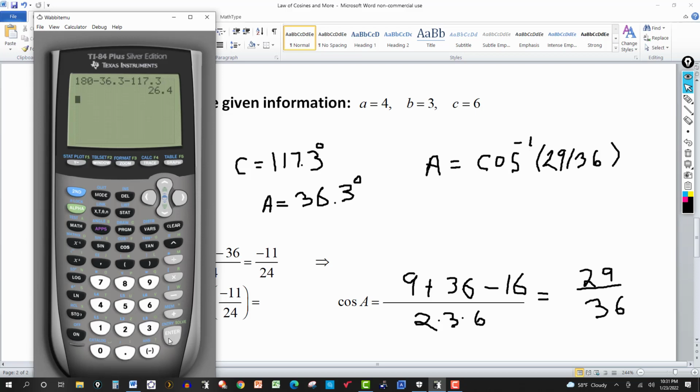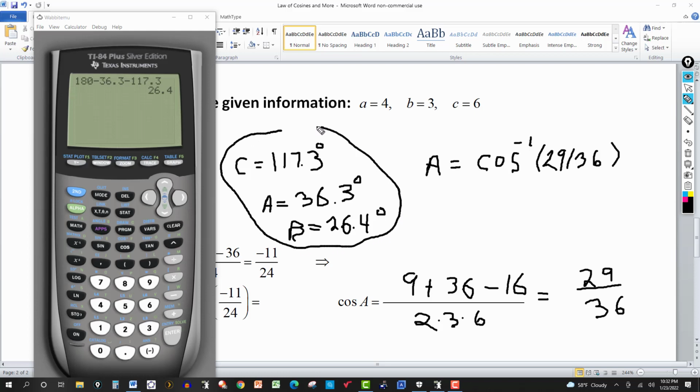Hit enter, and we get angle B is equal to 26.4 degrees. And this is actually the solution. We were given all three sides, and we found the angles.